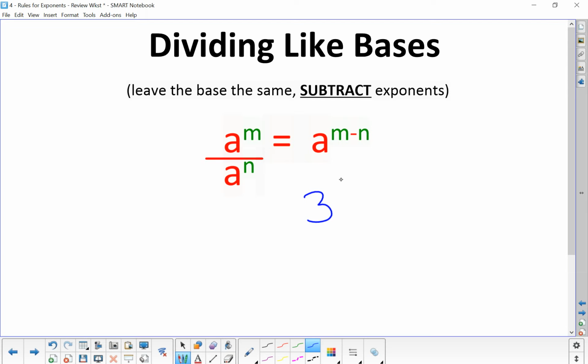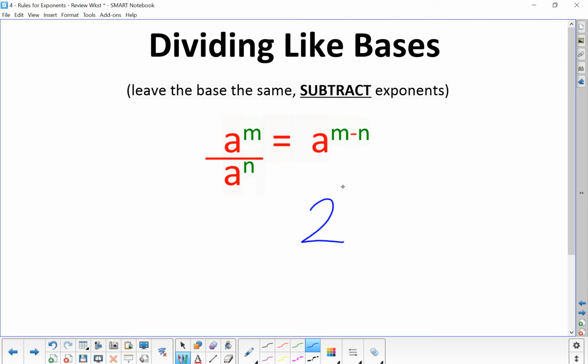If I had 3 to the 8th divided by 3 to the 4th, I would keep the base the same and subtract, not divide, subtract the powers.